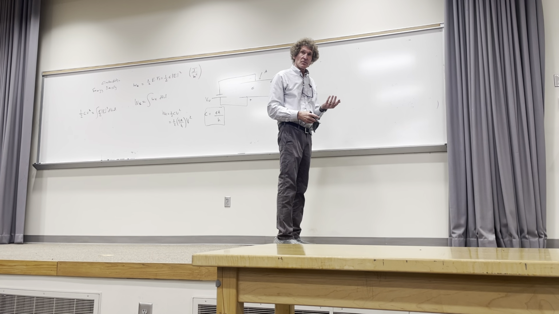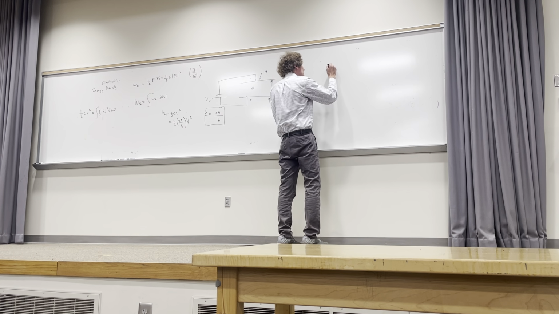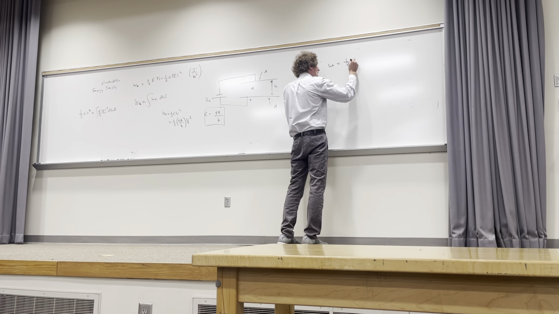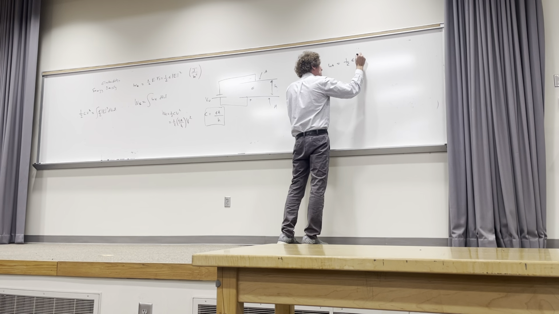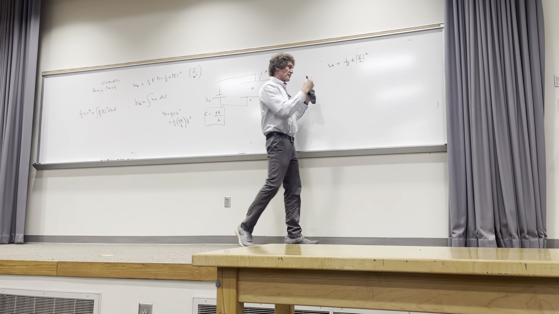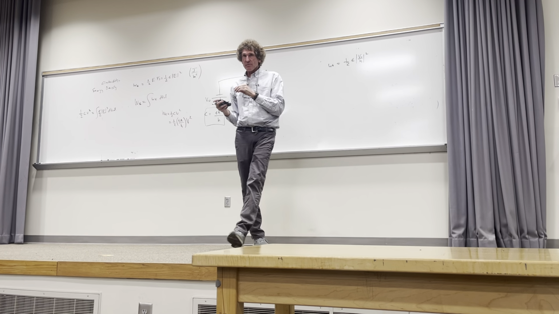Now what we're going to do is calculate the energy density first. So the energy density would be equal to 1/2 epsilon times E squared. Well, E is V over H, right? Remember, for that problem, it's V naught over H, squared. That would be the energy density. Do y'all agree with me with that?